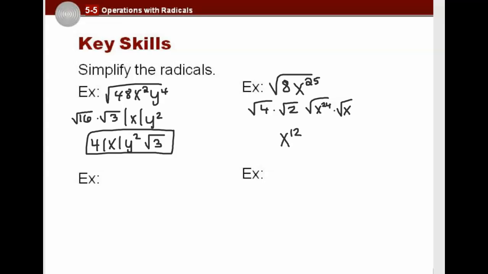The square root of 4 is 2. So you get 2 x to the 12th on the outside, because those are all your perfect squares simplified, and the non-perfect primes inside, which are 2x. So it's 2x to the 12th square root 2x.